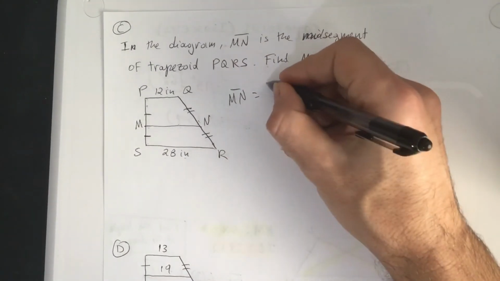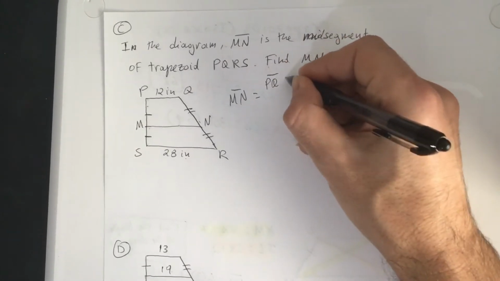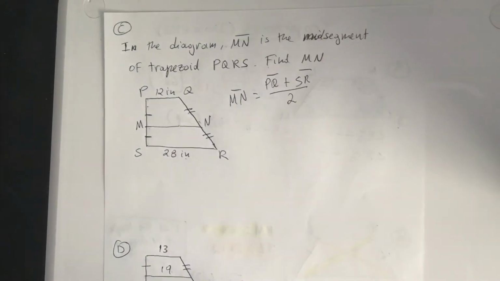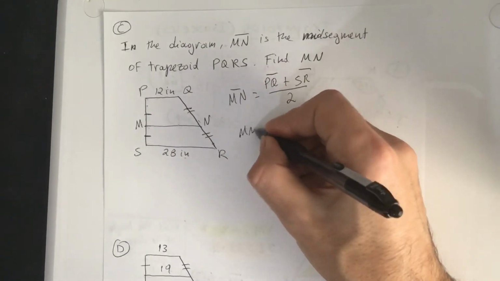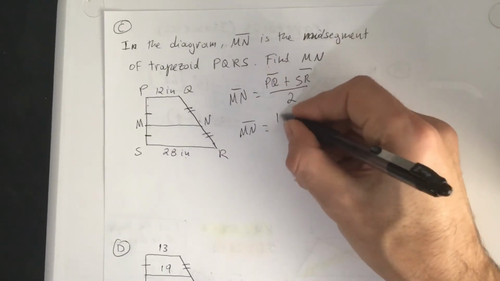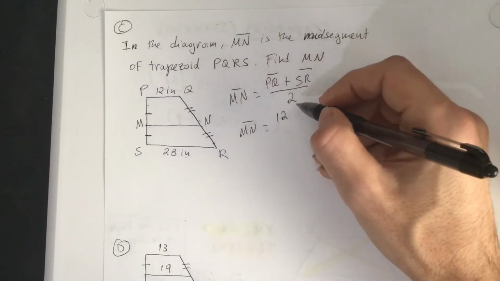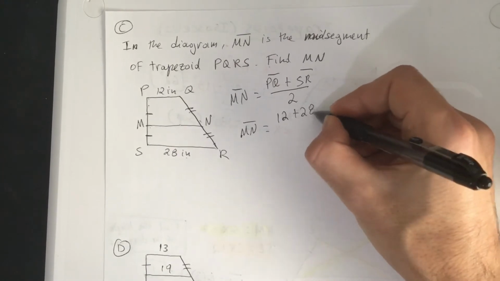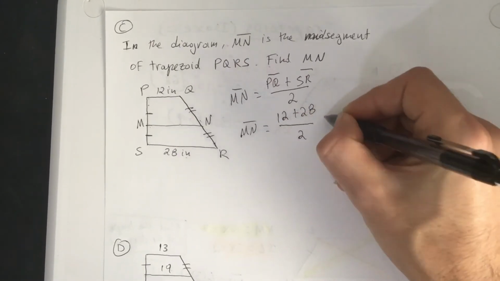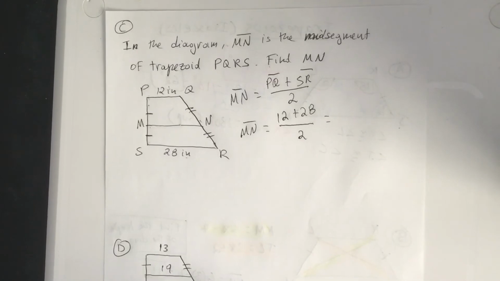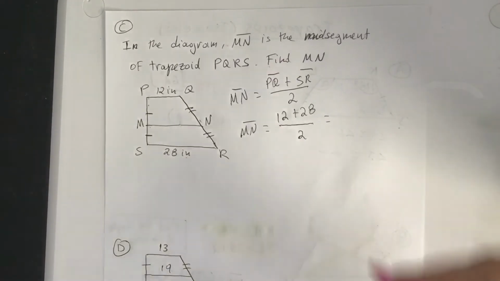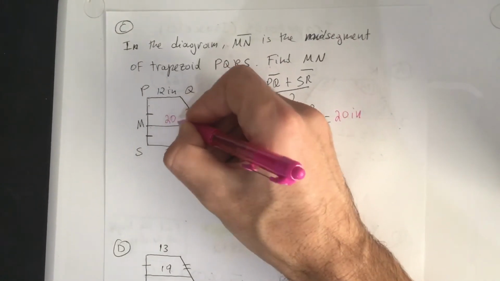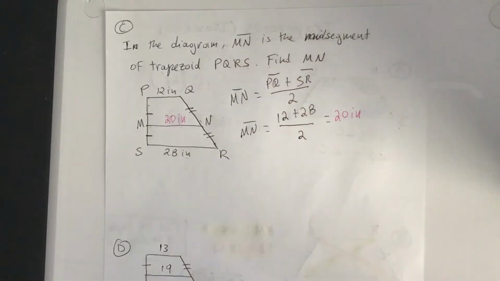So it's going to be basically PQ plus SR divided by 2. It's the average. So PQ is 12. All right. SR is 28. And you divide everything by 2. And that should give you the measurement that you want, which is basically 20 inches. So this one over here is 20 inches.